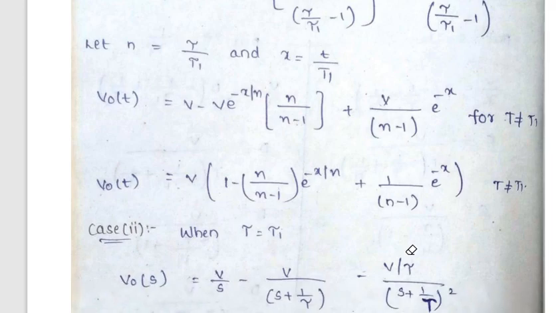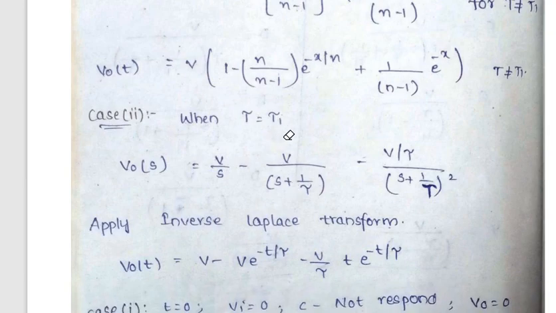Similarly, when tau is equal to tau 1, the output expression is written as V naught of s is equal to V by s minus V by s plus 1 by tau minus V by tau into whole by s plus 1 by tau whole square. Now apply inverse Laplace transform to this equation. We already know that inverse Laplace transform of 1 by s is 1.